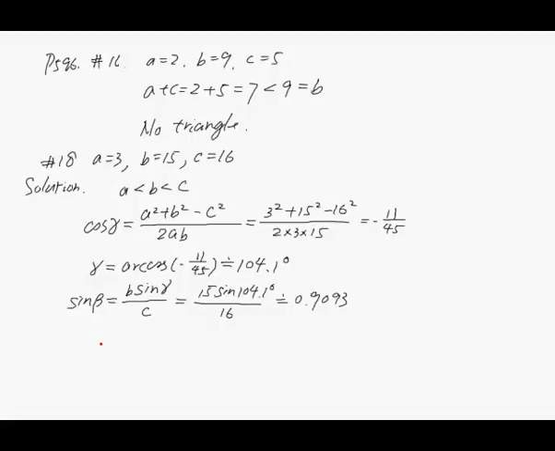And then beta is equal to arc sine of this 0.9093. Okay, this angle beta is approximately equal to 65.4 degrees. And then lastly, you find the angle alpha, which is equal to 180 degrees minus beta minus gamma.